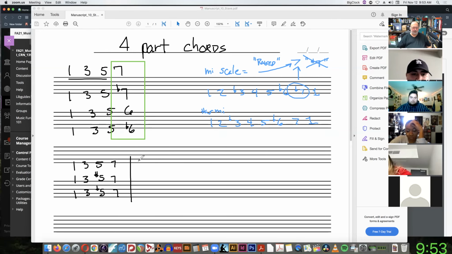we can combine them. So we can go 1 3, sharp 5. Now flat 7, right? 1 3, sharp 5, 6. And then this one, 1 3, sharp 5, flat 6.